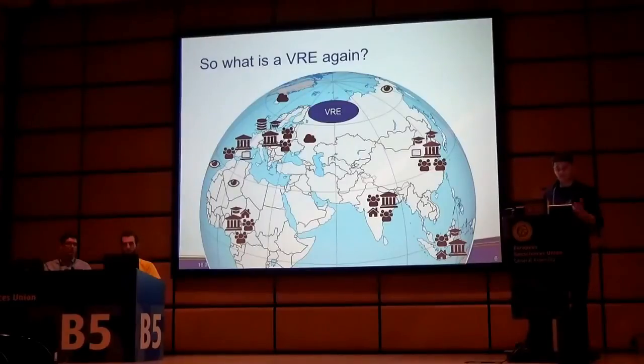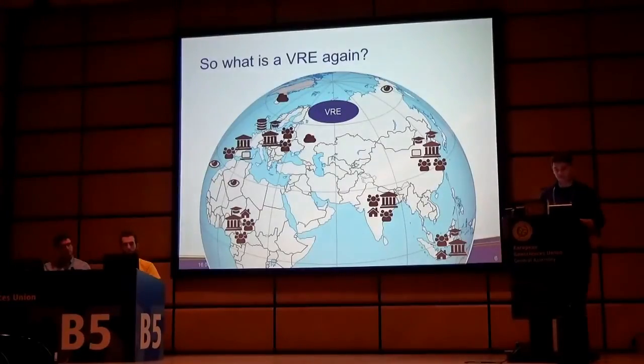So what a virtual research environment basically is: you have different institutions, universities all over the world with users who are using different facilities, like perhaps databases or supercomputers, or even research facilities like a telescope on the Canary Islands, or something to do with stones in Siberia, and getting PhD degrees and doing nice science. So that's the main idea, and that's the ideal world of virtual research environment magic.